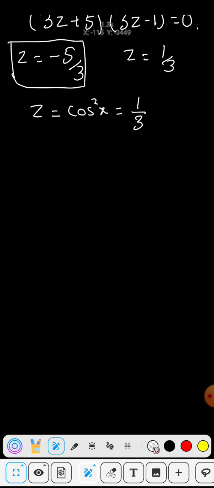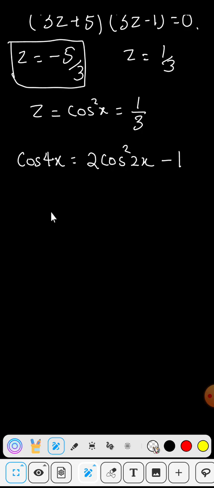Now we will find the value of cos 4x. So we will write cos 4x as 2 times cos square 2x minus 1. Again we will break this cos 2x as 2 cos square x minus 1, and this square will come, and minus 1.